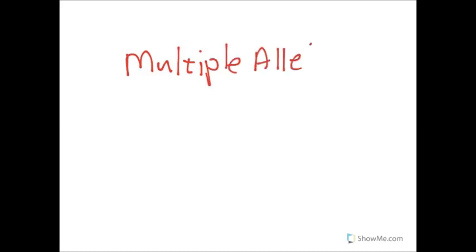So we're going to start off by looking at what we can refer to as a type of inheritance called polygenetic kind of inheritances, which are multiple alleles. So we're dealing with multiple alleles. And if you don't know what an allele is, it's an alternate form of a gene.